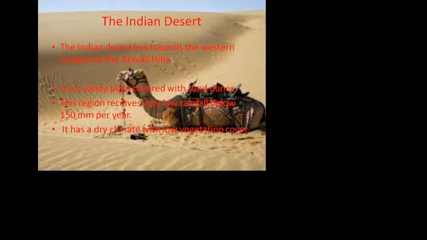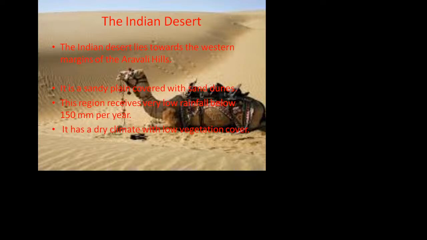Now let me tell you the meaning of the word pastoralist. It means those people who keep cattle, or whose profession is related to cattle only. However, with the construction of the Indira Gandhi Canal, the scene has transformed to a great extent.